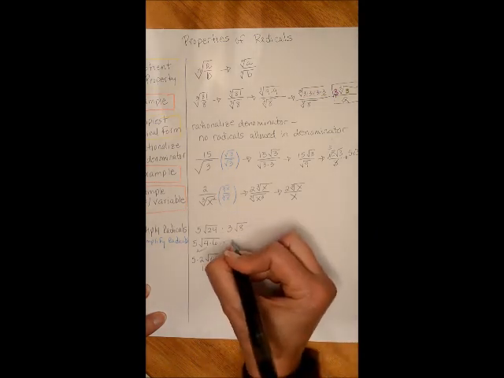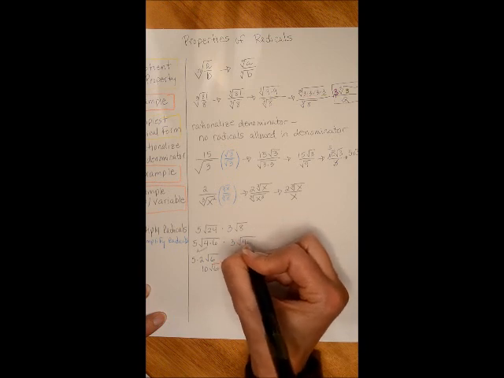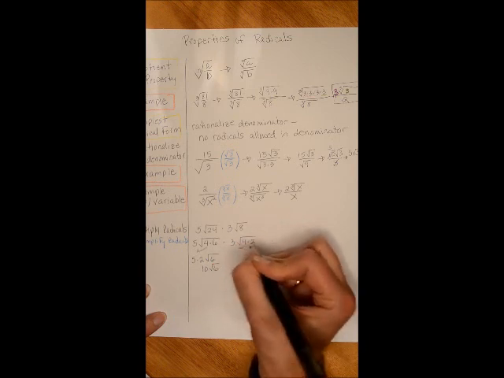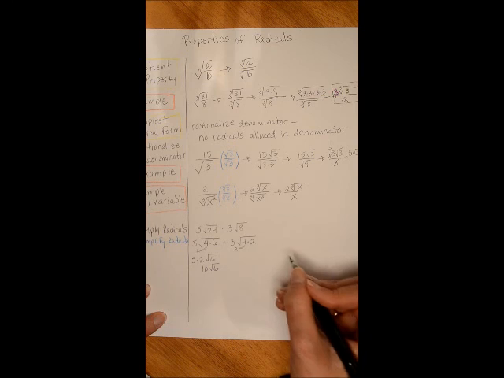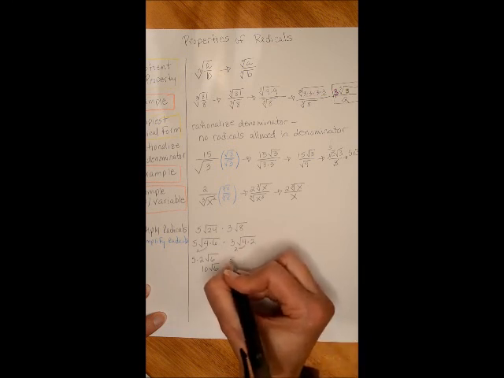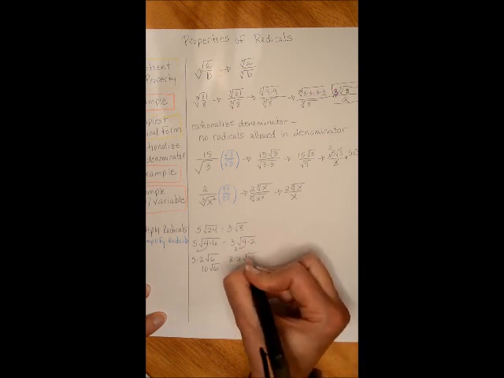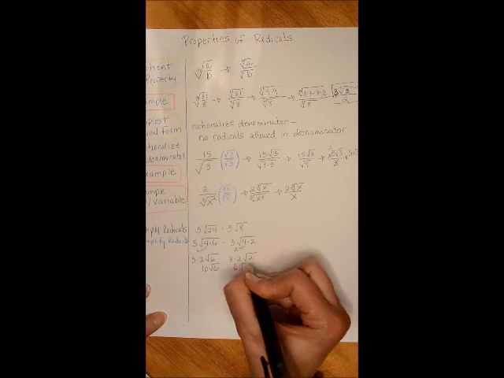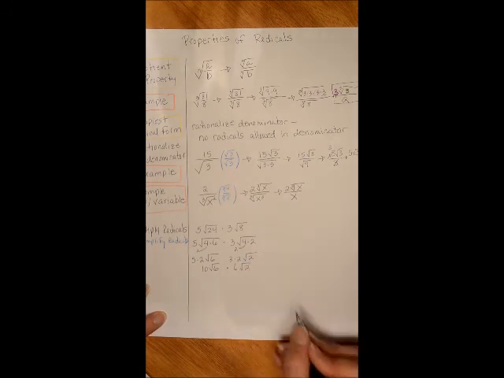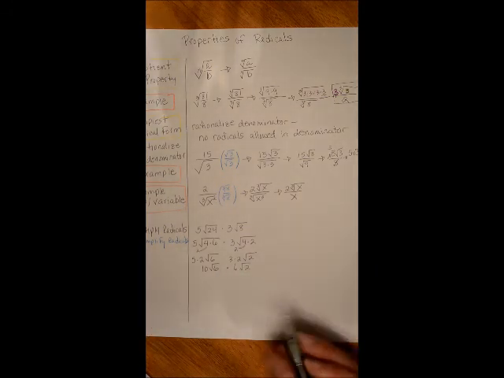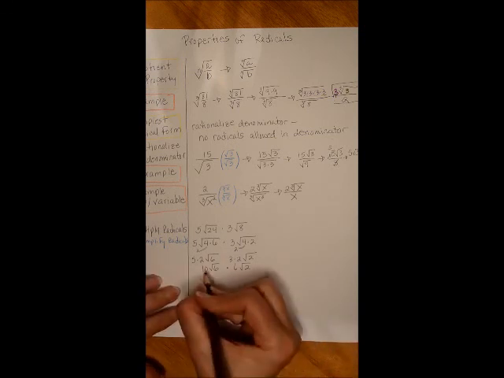Over here, I know that what I have is 4 times 2. That 4, when I pull it out, is going to give me a 2, right? The square root of 4 is 2. What I have is 3 times 2 square root 2, or 6 square root 2. Okay, and I'm still multiplying these. When you multiply them together, you're going to grab everything on the outside.